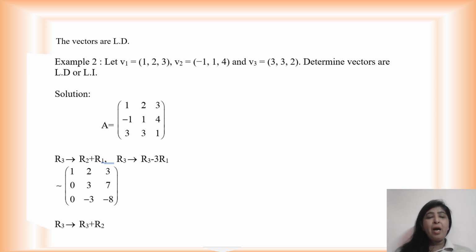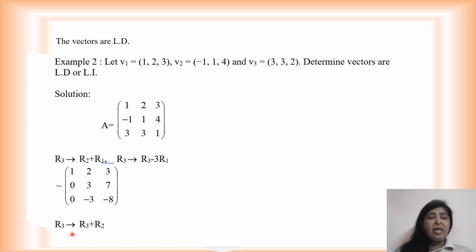I will apply R2 plus R1 and R3 minus 3 times R1, so that I am able to get 0 over here, 0 over here and 0 over here. On applying these operations, I am getting 0, 3, 7, 0, -3, 8.